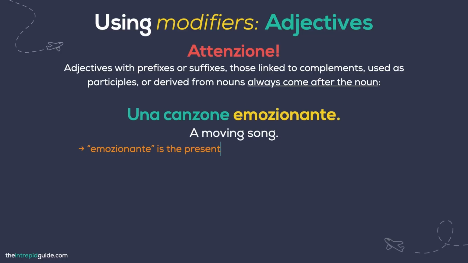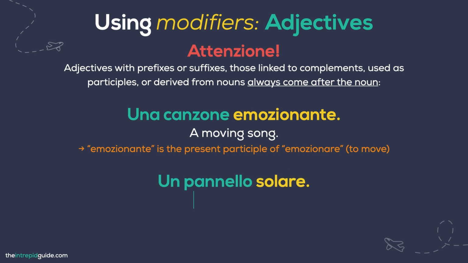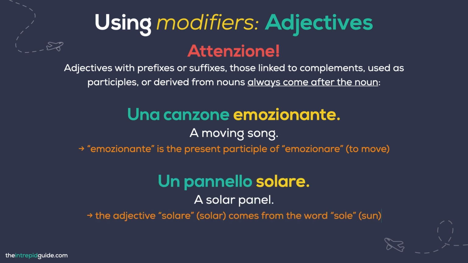Una canzone emozionante, A moving song. Emozionante is the present participle of emozionare, to move. Un pannello solare, A solar panel. The adjective solare, solar, comes from the word sole, meaning sun.